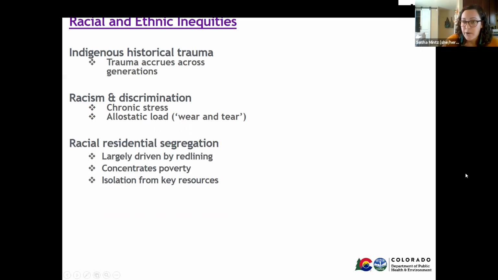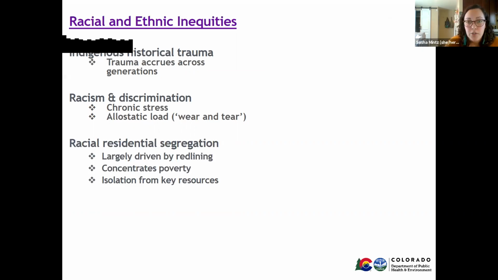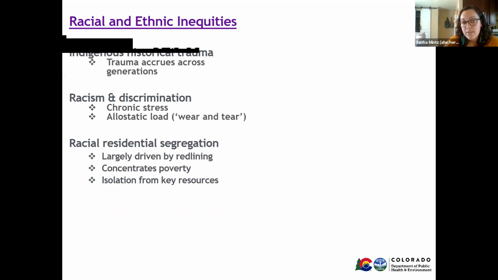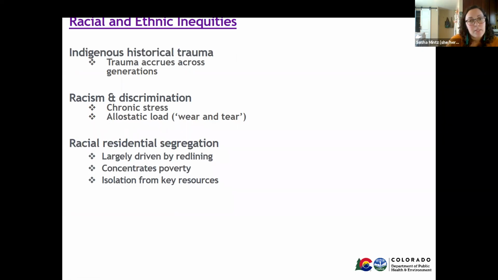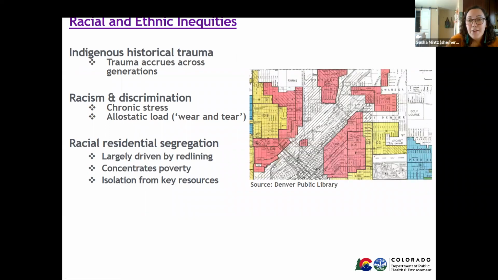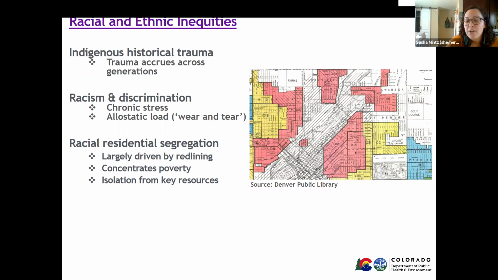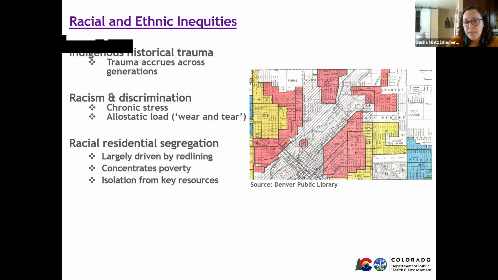Racial residential segregation is another form of structural racism, which can lead to racial and ethnic disparities in child deaths. Racial segregation is largely driven by discriminatory policies such as redlining that create unjust geographic divisions among racial and ethnic groups. Redlining occurred when the Federal Housing Administration drew up maps of major cities and marked red entire neighborhoods where people of color lived.